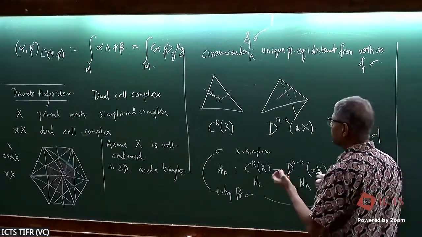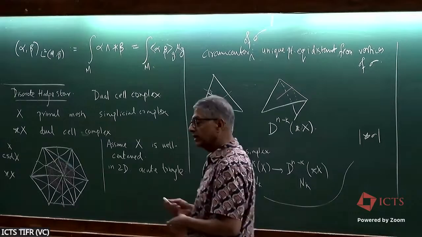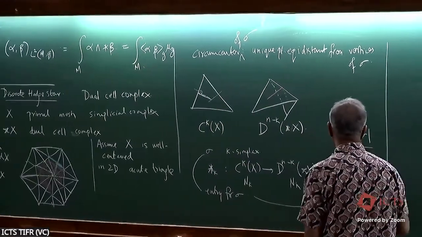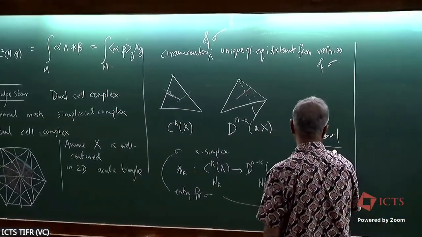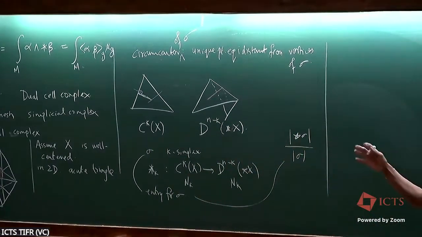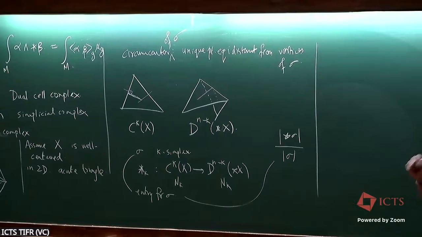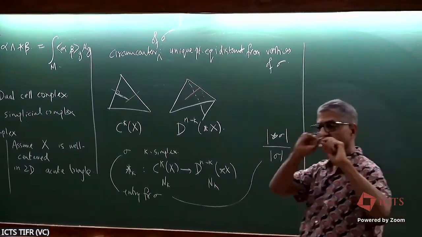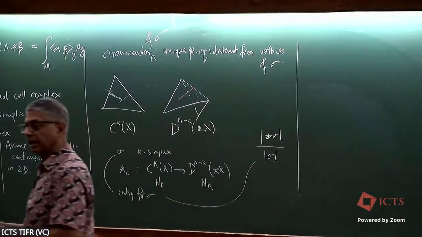And the measure of a point will be taken to be 1. So it will be this divided by that. So you'll get a diagonal matrix Nk by Nk, and every entry on the diagonal will be the ratio of the dual of that simplex to the primal.